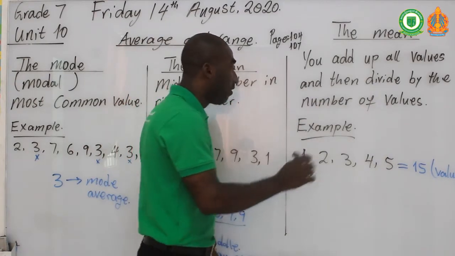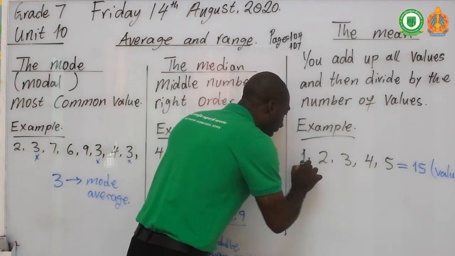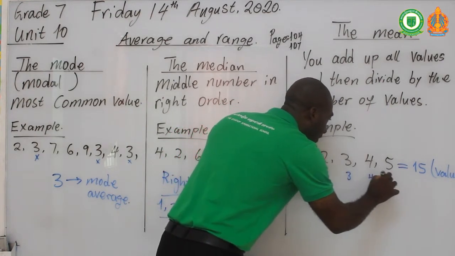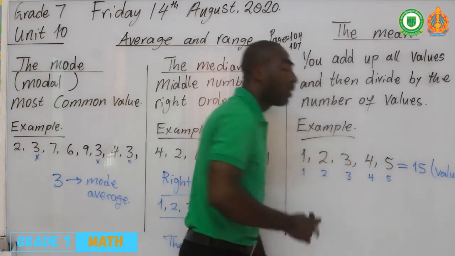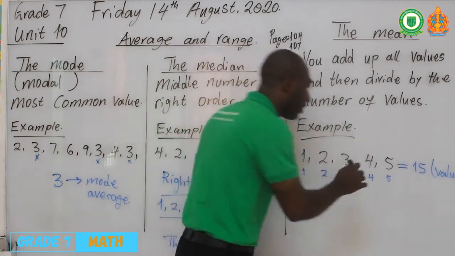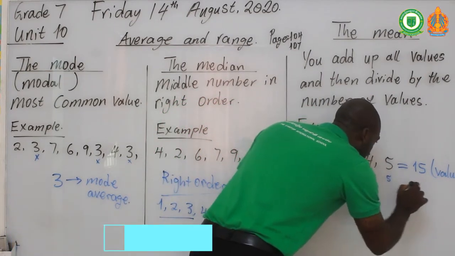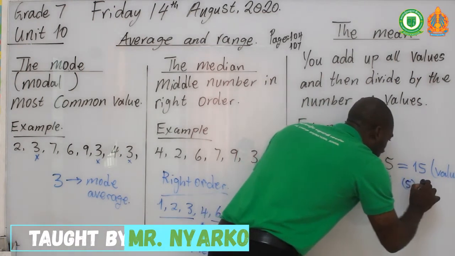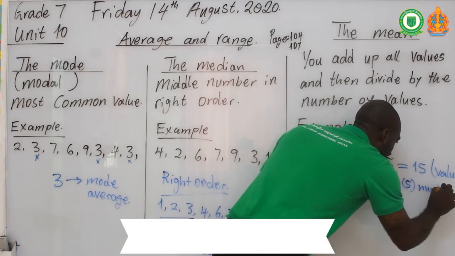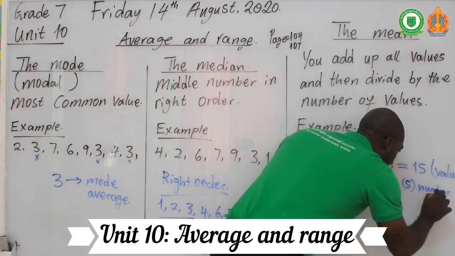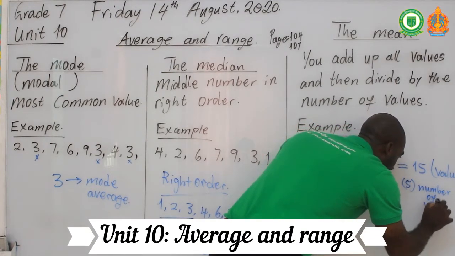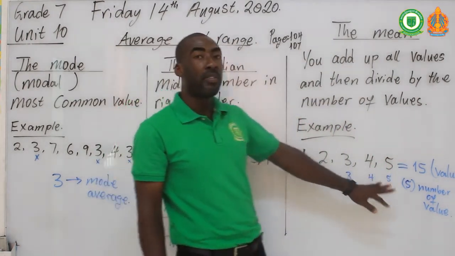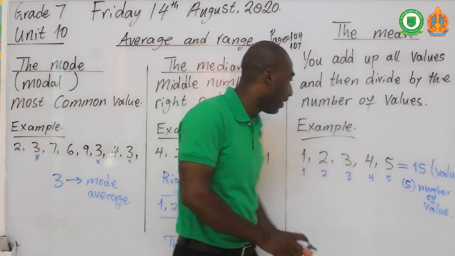The number of values is 1, 2, 3, 4, and 5, so the total number of values here is 5.